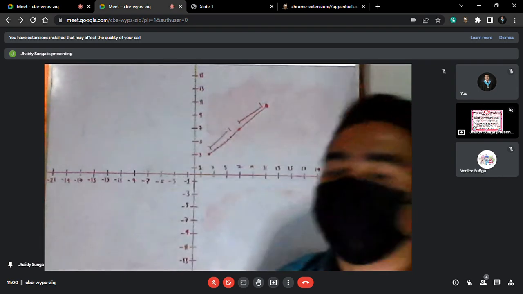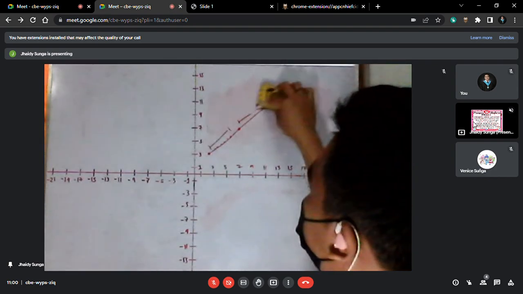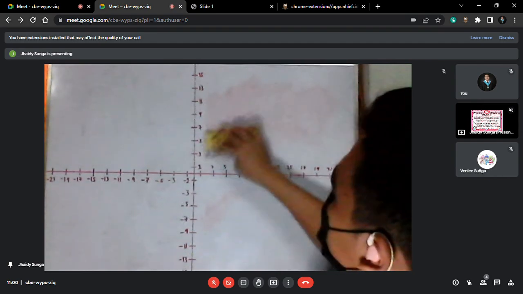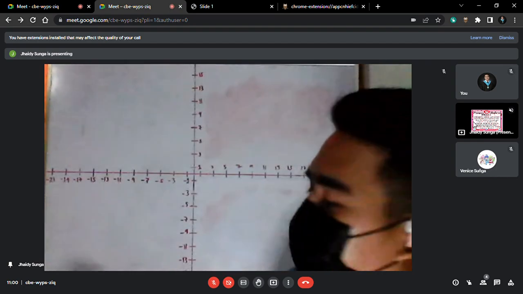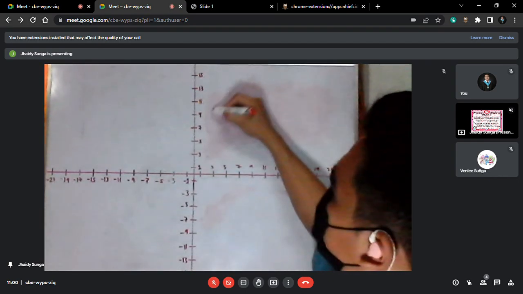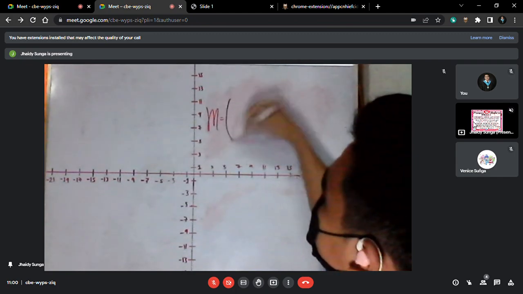Also, before we get the midpoint, we have a formula in order for us to get our midpoint. What is the formula of midpoint? The formula of midpoint is M is equal to the coordinates of x and y.